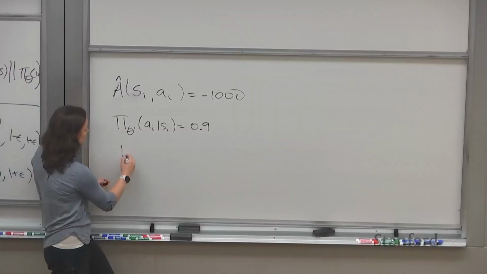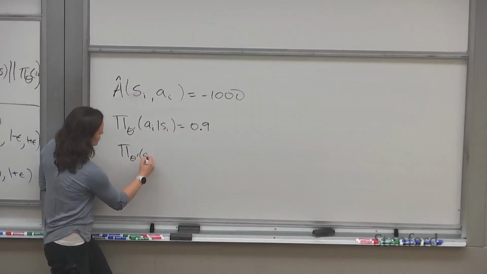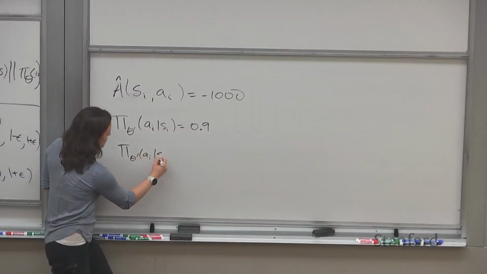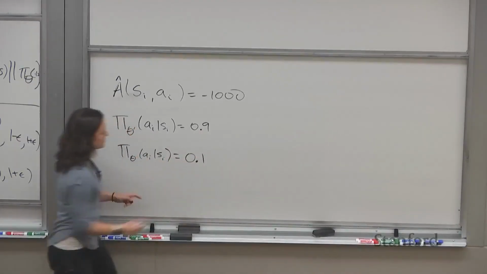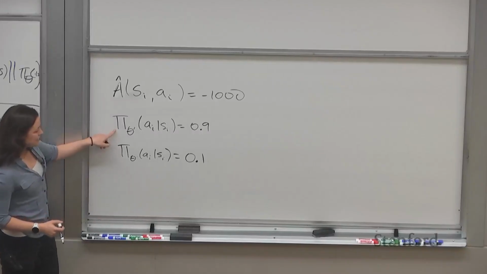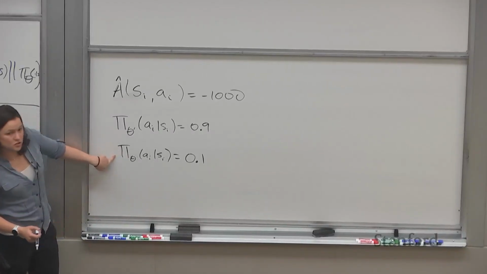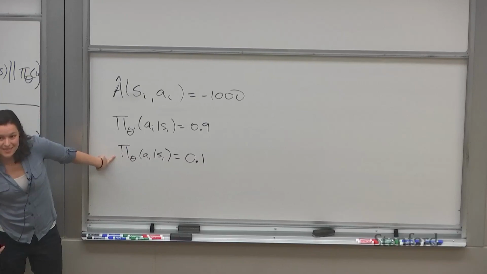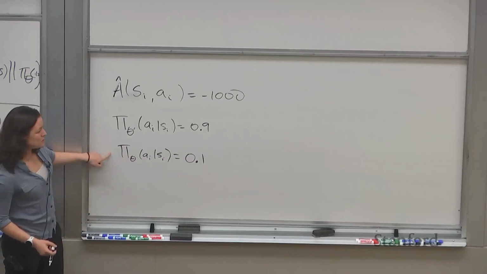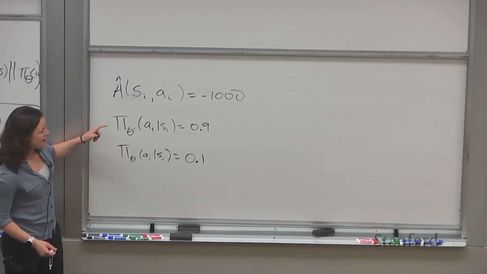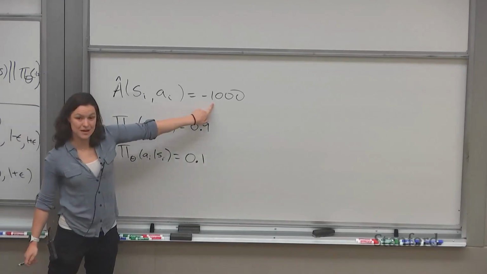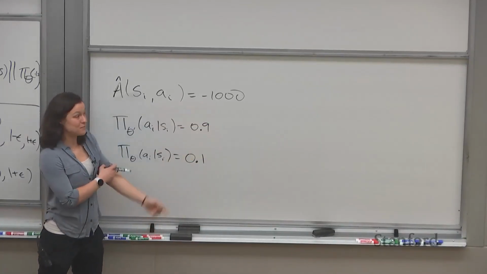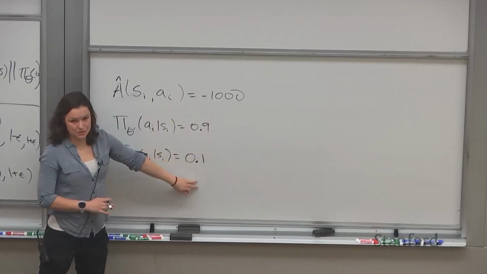And the original policy gave it a probability of like 0.1, then in this case, the ratio between these two is 9. And then when we clip it, it would be clipped to 1.2. And once we clip it to 1.2, we'll multiply 1.2 by -1,000. And so that's actually going to be making the objective better than if we hadn't clipped the objective.